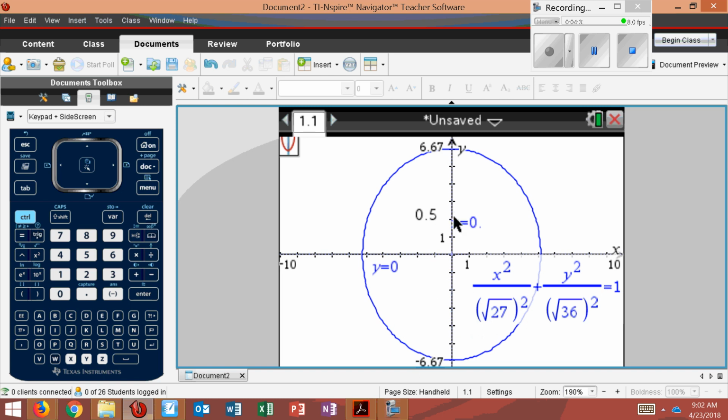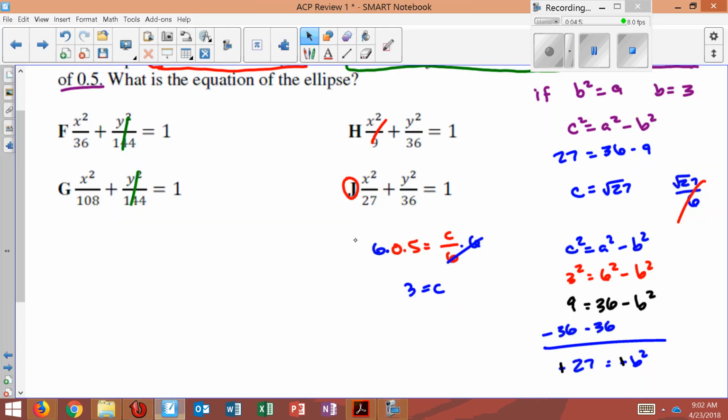So we do see that the major axis is 12 units long. I could count this way and see this is a little bit past 5. 1, 2, 3, 4, 5, and a little bit more. So this one is not 12 units. It'd be closer to 11 units long, not quite 11. So anyways, that's how you can do it in the calculator.